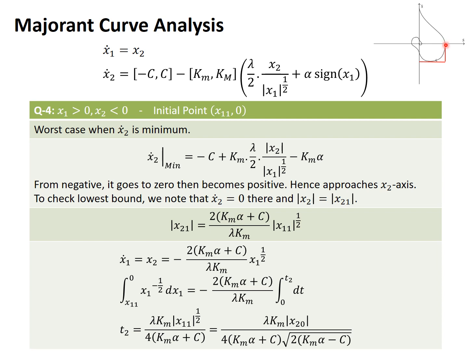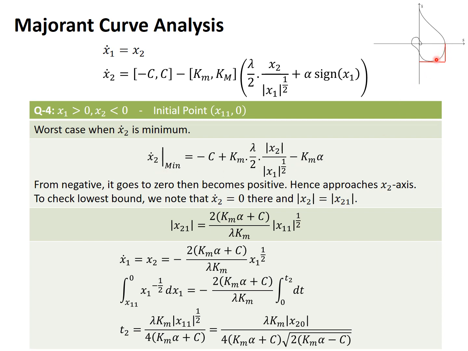If we are at this point, and we are trying to move in the negative direction, we already have two negative quantities, minus c and minus km alpha, and what is the value of this term at the initial point? At the initial point x2 is 0. So, this term is contributing nothing. So, at the very beginning we start with a negative x2 dot.